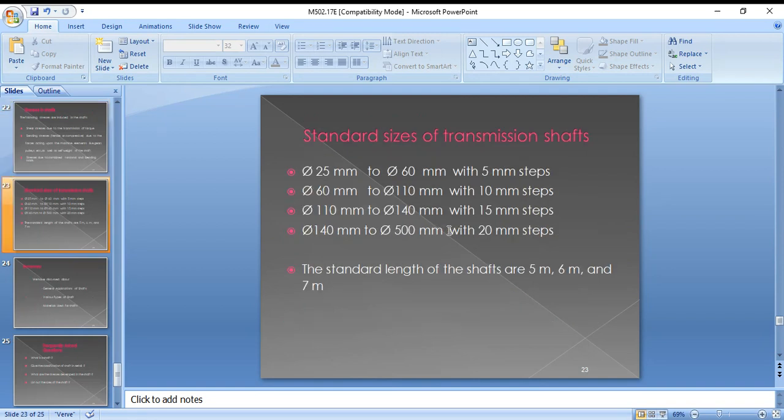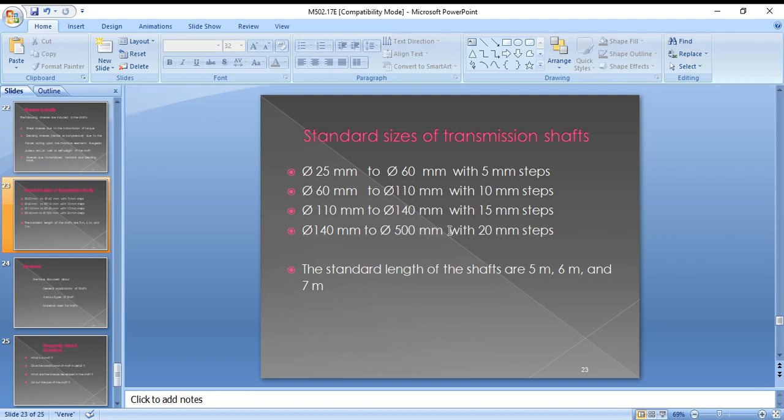So the size of the shaft: due to manufacturing and transport difficulties, all commercial shafts are made in standard lengths such as 5 meters, 6 meters and 7 meters. There is a problem in the transporting and manufacturing process. In the manufacturing process, we cannot make very large shafts.